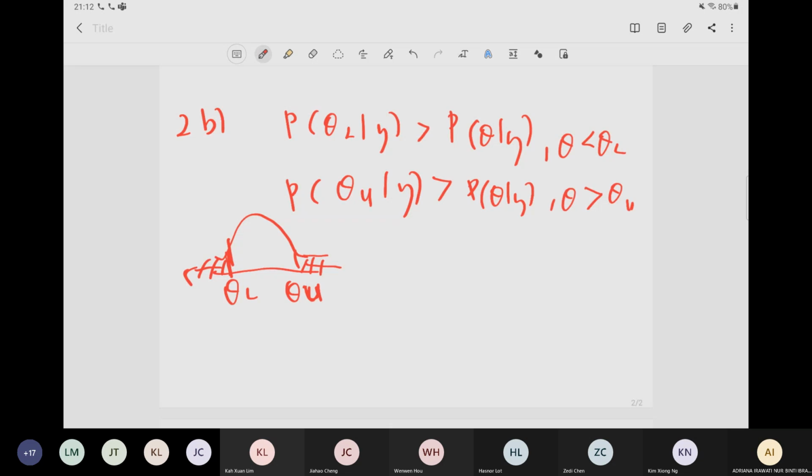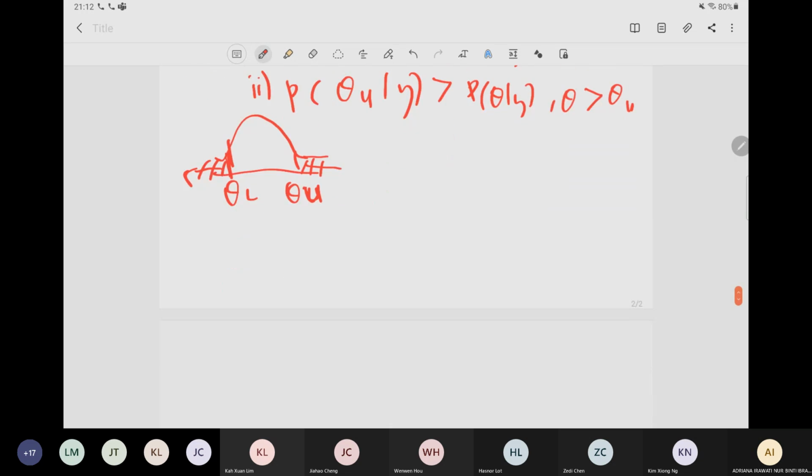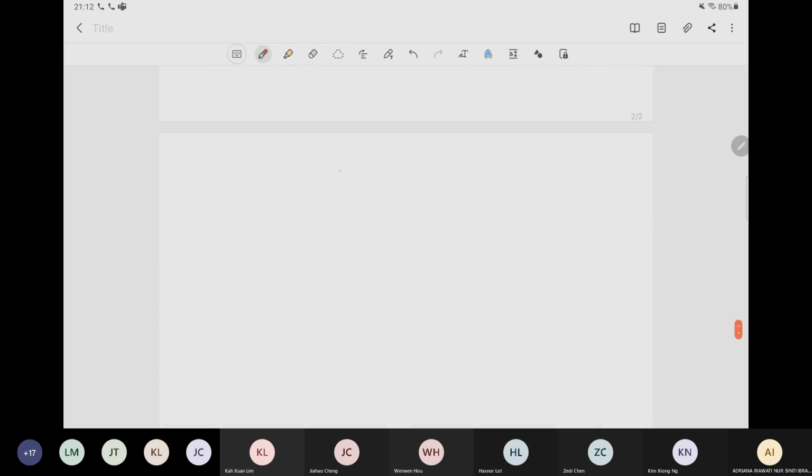For example, I want to show the second one: that the density at theta should be lower than the density at your upper limit theta U, if your theta is bigger than theta U. You can start with theta bigger than theta U, and use your density, because this is normal.